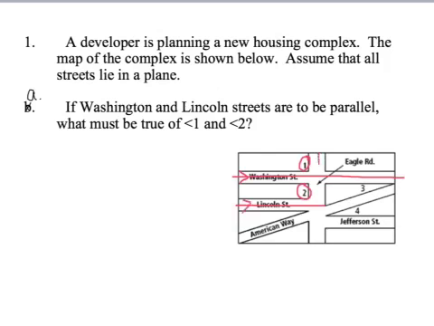Well, here's your transversal right there. So if Washington and Lincoln are parallel, 1 and 2 would be corresponding angles. And what do you know about corresponding angles when your lines are parallel? The corresponding angles have to be congruent. So that's what we say. Angle 1 must be congruent to angle 2 by corresponding angles.